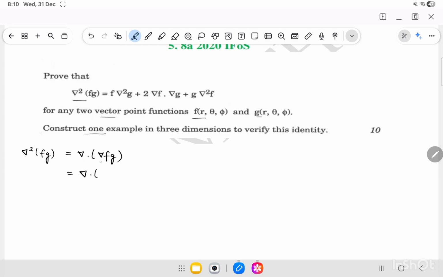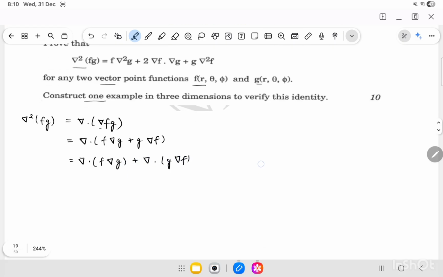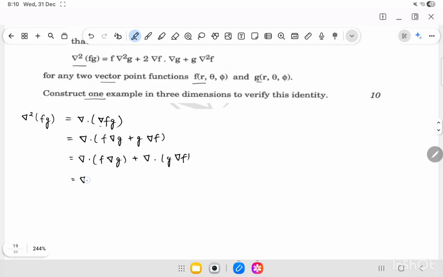Now I can distribute this del over f and g, so it will be f times del g plus g times del f, which can be further written as del dot product with f times del g plus del dot product with g times del f, which can be written as del f dot del g plus f times del square g plus del g dot del f plus g times del square f.